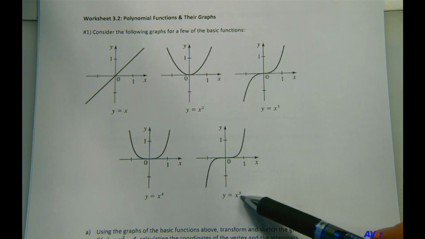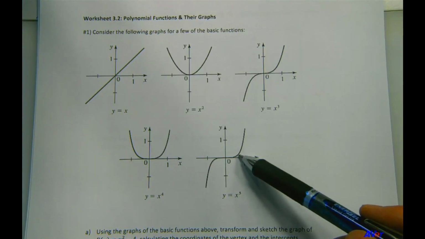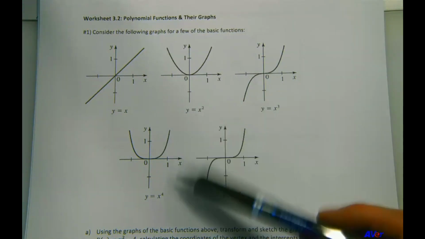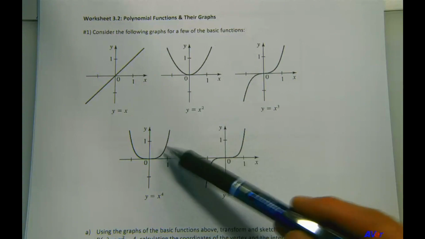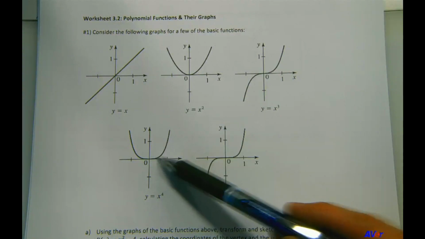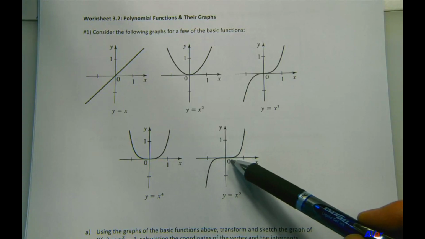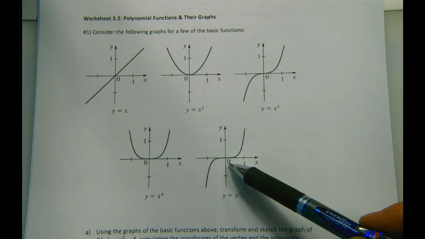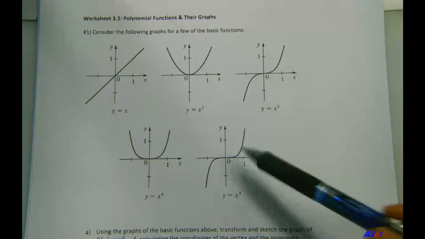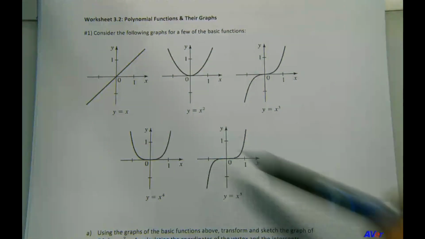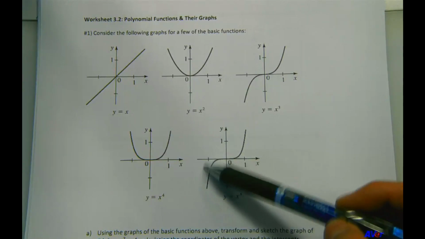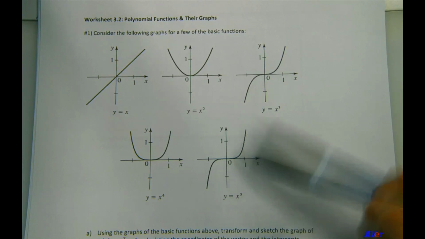So if you have x raised to odd powers much larger than 5, it has the same effect as raising the quadratic function to higher even powers, which would flatten this portion of the graph. In this case, with the cubic function, this portion of the graph is flattened more and more. If I went to x to the 7th power, that would flatten even more. So you'd see a great flattening here to here in comparison with the cubic function.